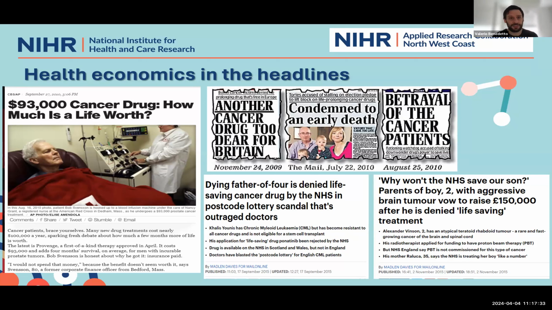So hopefully now you will have understood why health economics is important as a tool to make an effective use of the resources available, but also an efficient use. Make the best use of any resources you have available in healthcare, but also, of course, you talk about economics in general in your daily life.